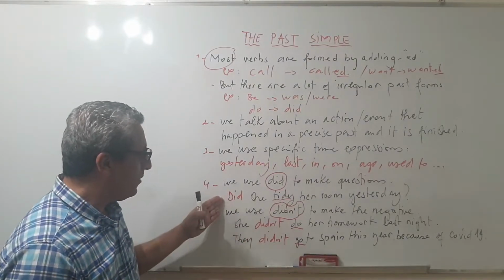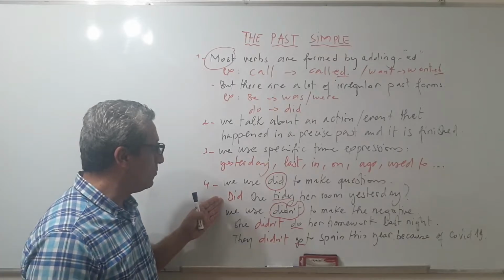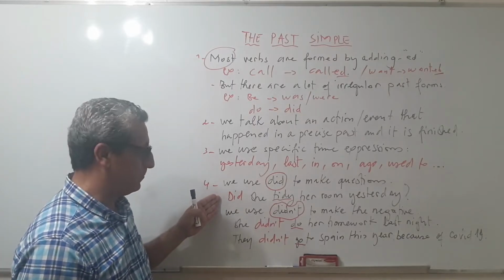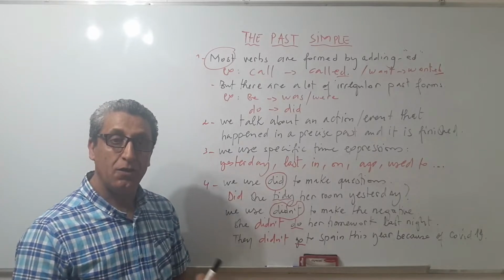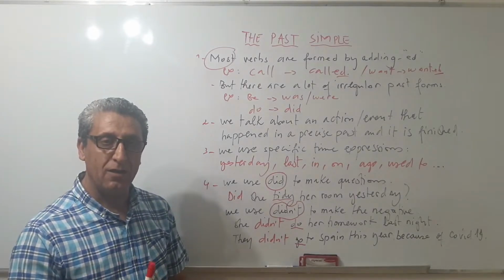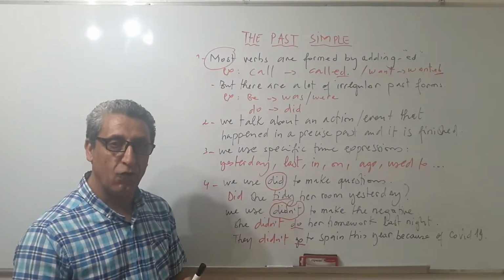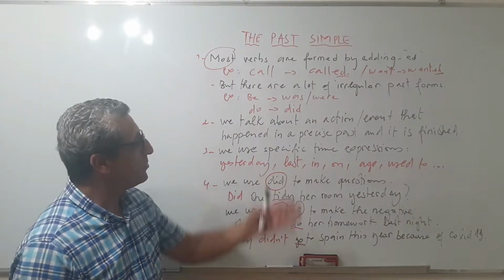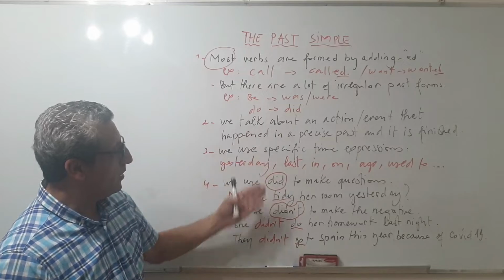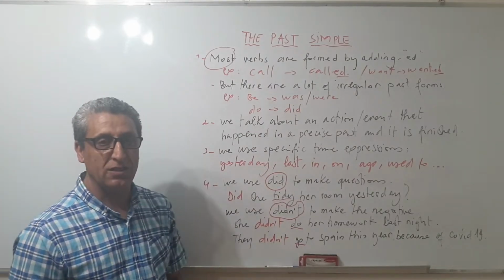Good. Now we move to point number 4. It deals with the forms of the past simple, I mean the interrogative form and the negative form, because the sentences here are in the affirmative form.